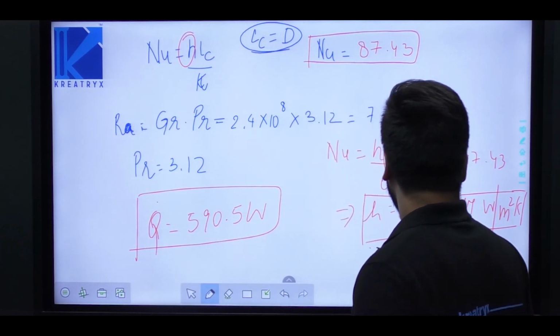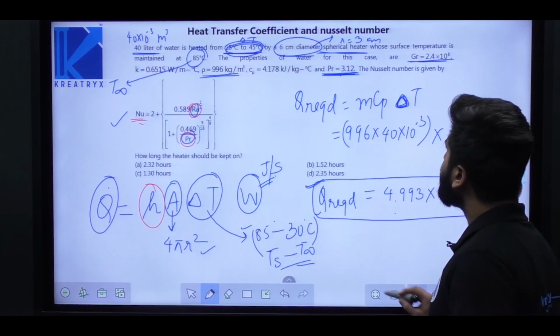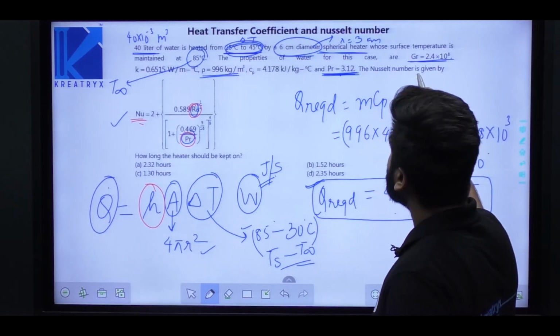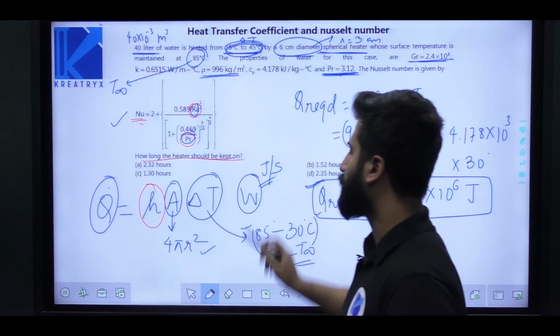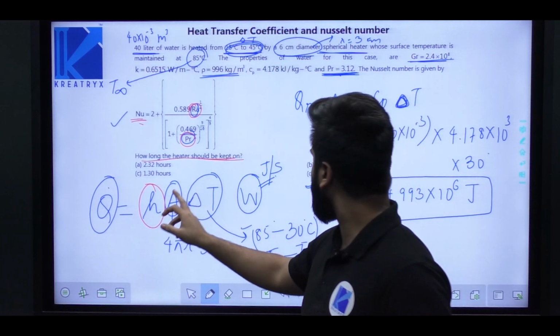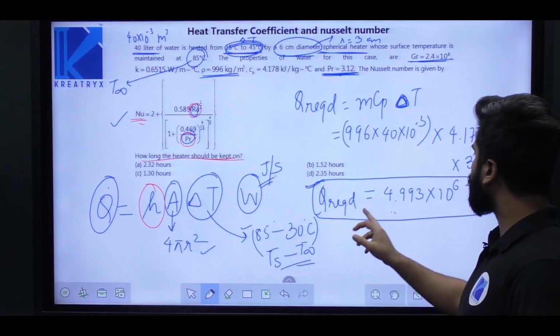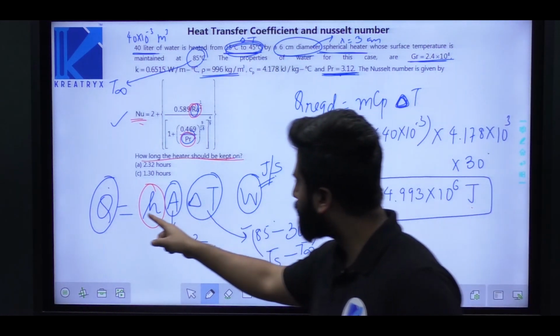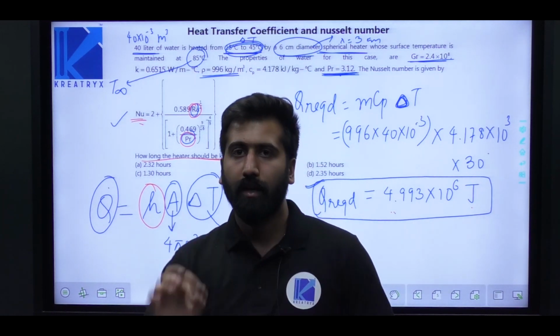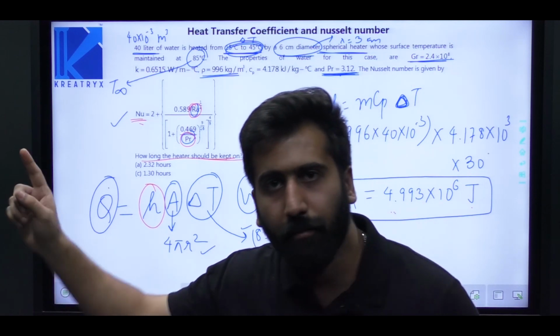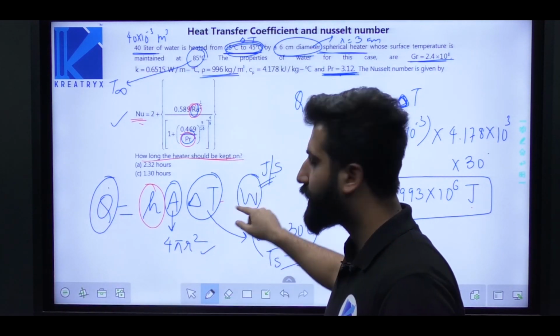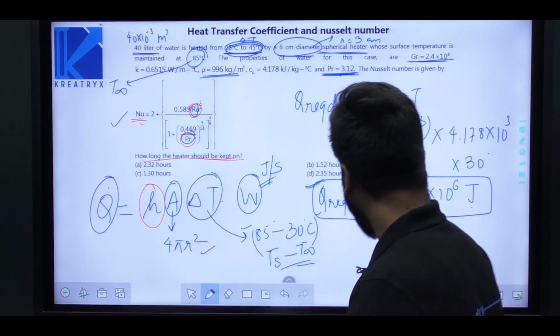Now I have to find the time for which the heater should be kept. I have explained that this is the heat required in joules. This I have found in watt, that is, this much joule of heat it is giving to the water per second. So if I multiply this term with time, I'll get my answer.